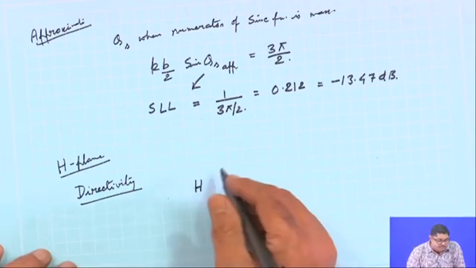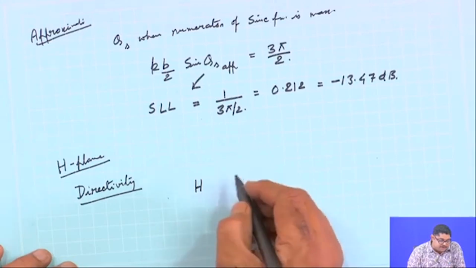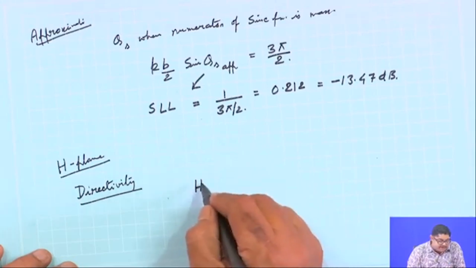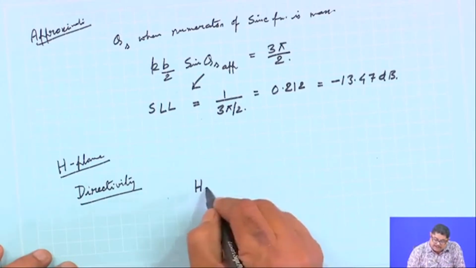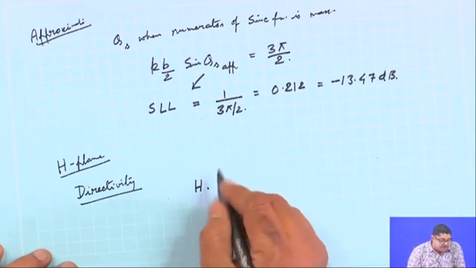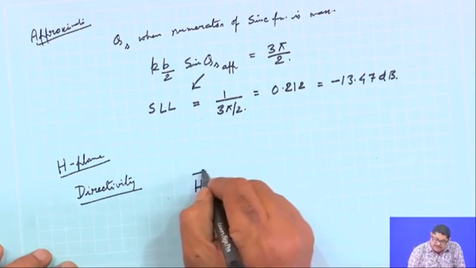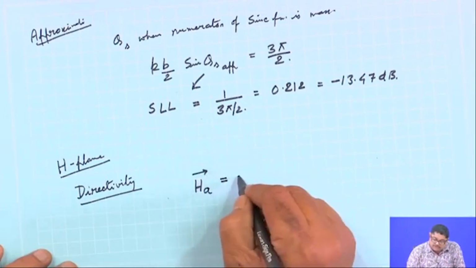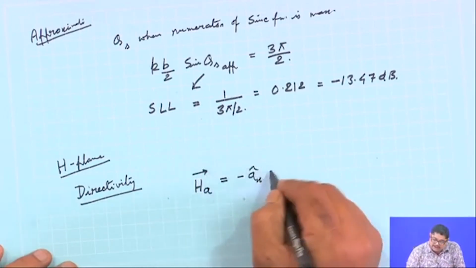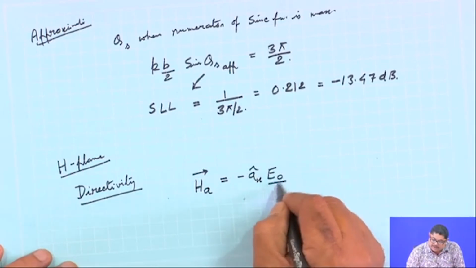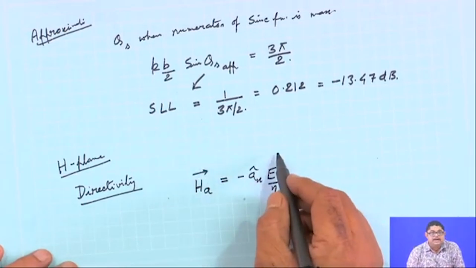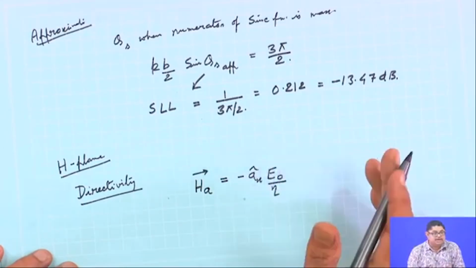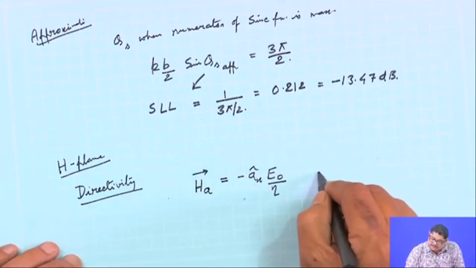So, we know what is the aperture field. So, already Ex, Ey we have seen, and there will be also the magnetic field in the aperture. So, that I can easily write, that will be Ax into E naught by eta, because Ea already I have said it is Ay E naught. So, this is over aperture.